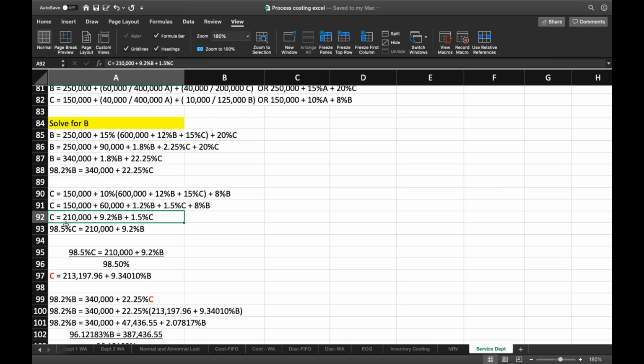C is now equal to 210,000. That's 150 plus 60,000 plus 9.2% of B. That's 1.2% plus 8%, that's 9.2% B plus 1.5% C.